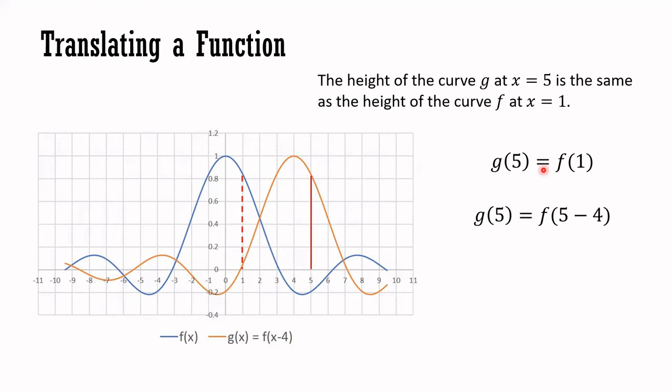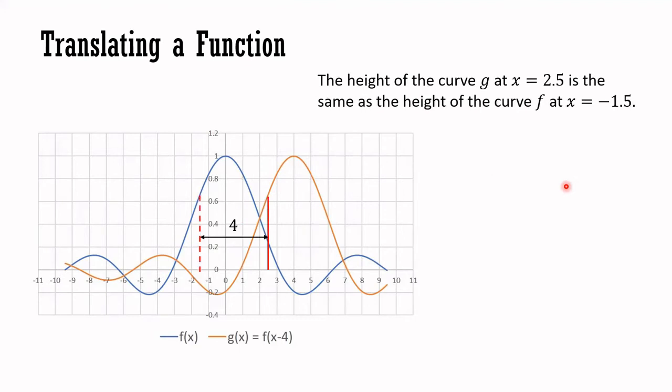And we could also write that as g of 5 equals f of 5 minus 4. So the height of curve g at 5 is the same as what you get if you look at the height of curve f, not at 5, but at 5 and then back up by 4. And that's true everywhere on the x-axis. So if I pick a different x-coordinate, how about 2.5, the height of the curve g at x equals 2.5 is right here.